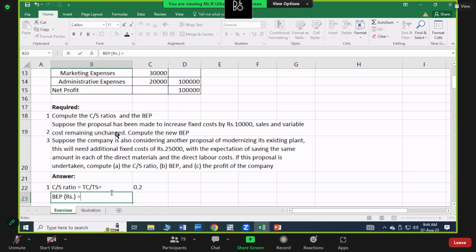You must give the formula: the fixed cost over the CS ratio.